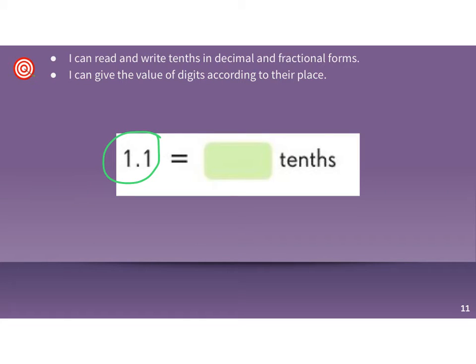How many tenths are in 1 and 1/10? Remember to think about tenths. This 1 is 10/10, and this one is 1/10. So if I have 1 and 1/10, we actually have 11/10.